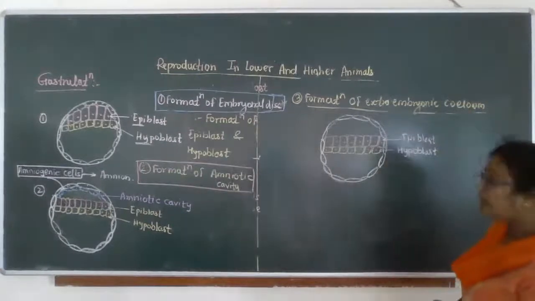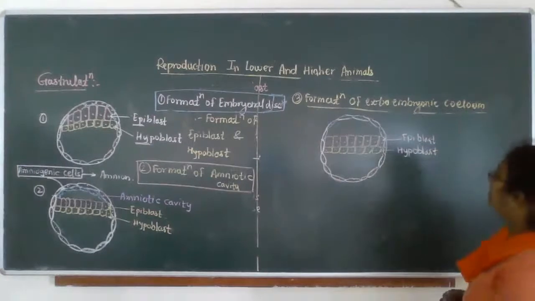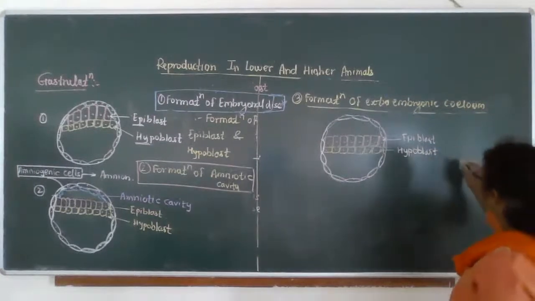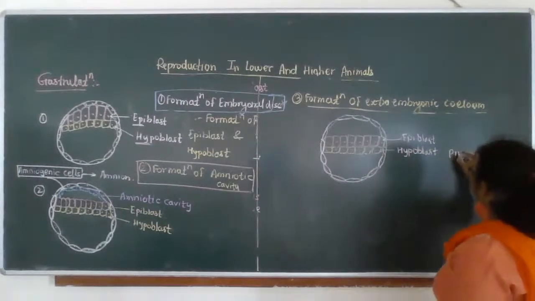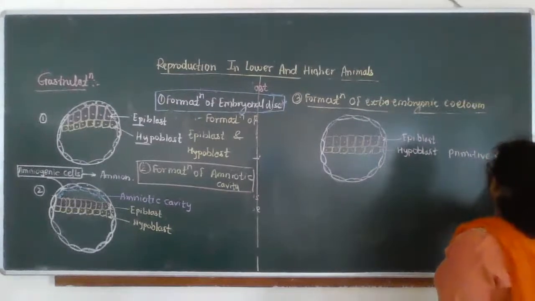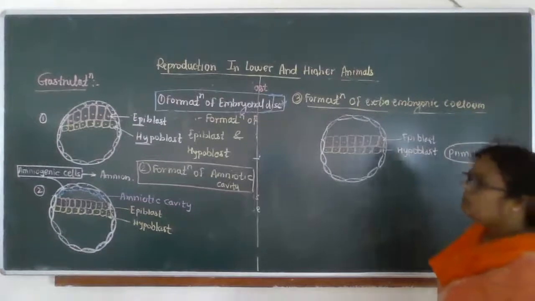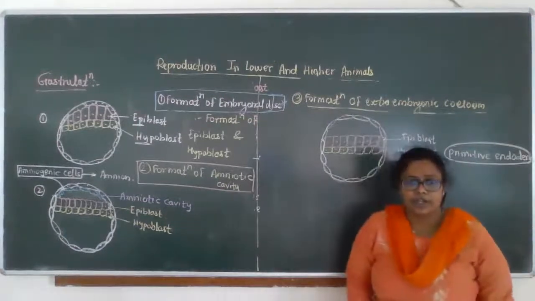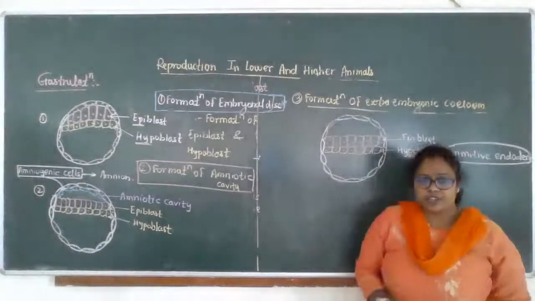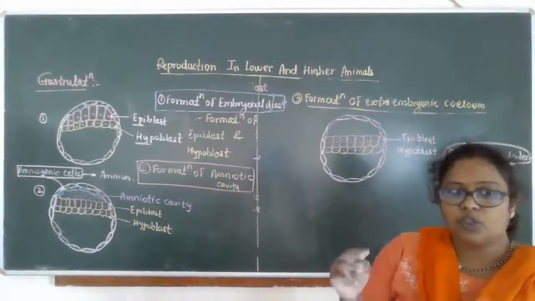These hypoblast cells are responsible for forming the primitive endoderm. So, exactly, the primitive endoderm. Now, during gastrulation, as I have stated earlier, exactly three germ layers are formed.